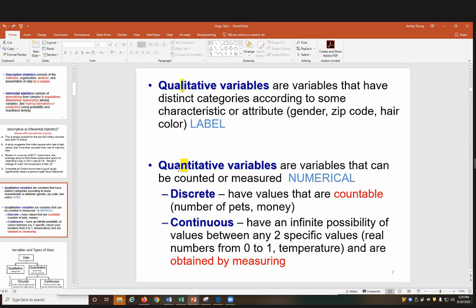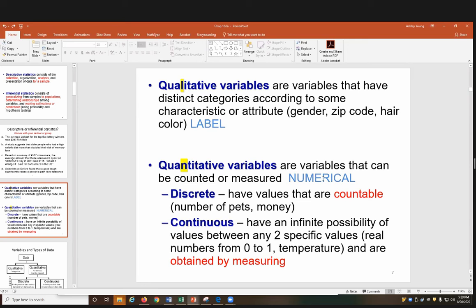Quantitative, that N, that's new. You can use that to remind yourself it's numerical data. Quantitative are numerical data. There's two types. It could be discrete, which have values that are countable. For example, number of pets or money. Money is countable because it can be a decimal, right?